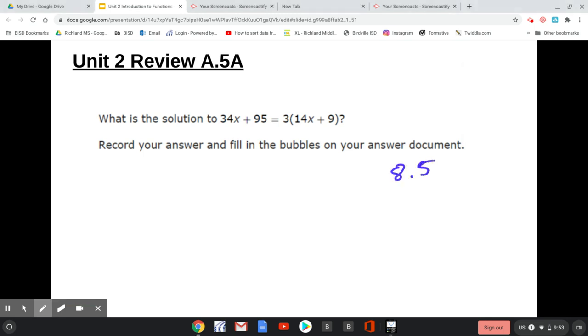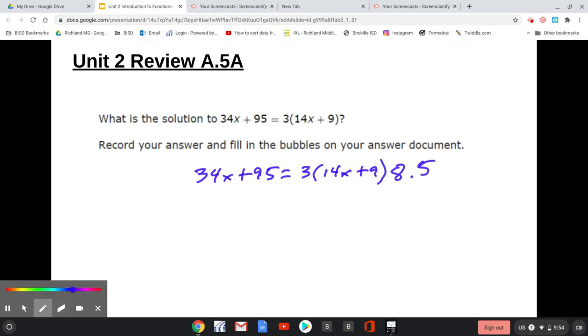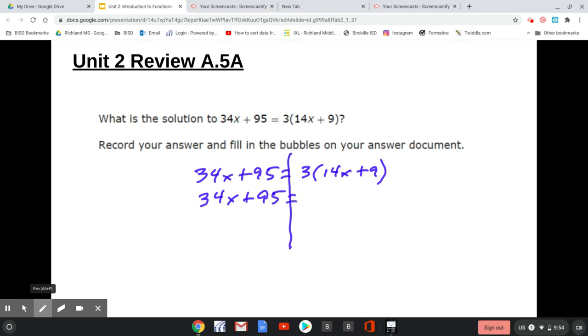Just so you can see that, we're going to solve for x here. 34x plus 95 equals 3 times 14x plus 9. I'm going to draw my line, and I'm going to distribute first. 3 times 14 is 42. 42x plus 27, because 3 times 9 is 27.